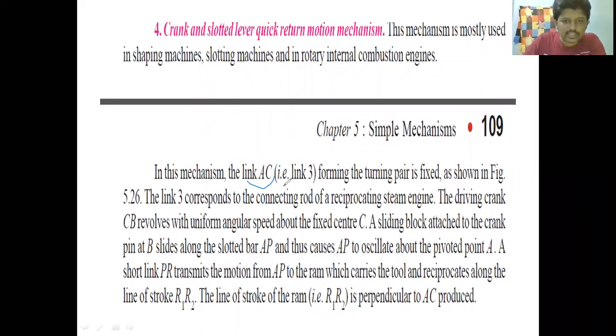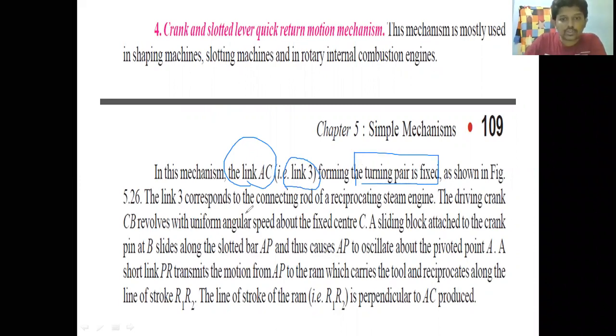You have a link AC, which is a third link, forming a fixed turning pair. It is fixed. Next, this link 3 corresponds to the connecting rod of a reciprocating engine. So we have a link 3 which is denoted by AC, which is fixed. Now the driving crank CB revolves with a uniform angular speed about the center C. We have a driving crank.